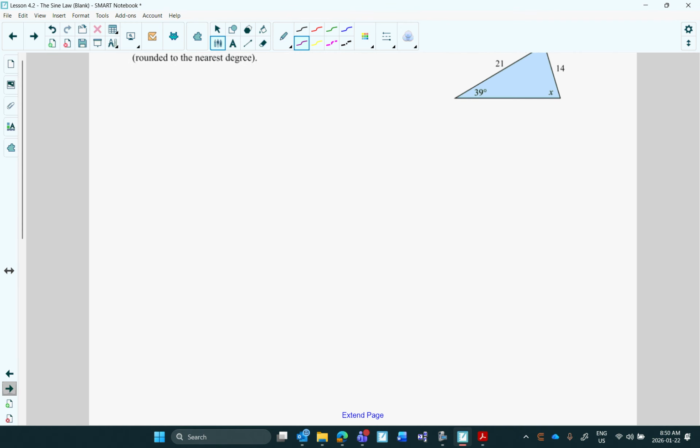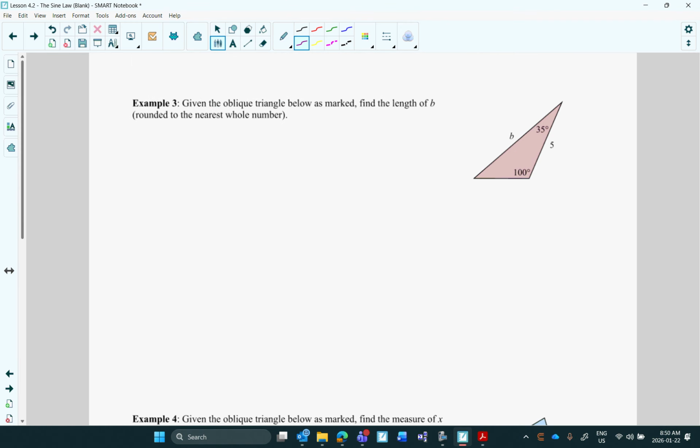Okay, let's look at two more. So here we have another non-right triangle. We're asked to find the missing side labeled D, and you can see the other information that we're given.